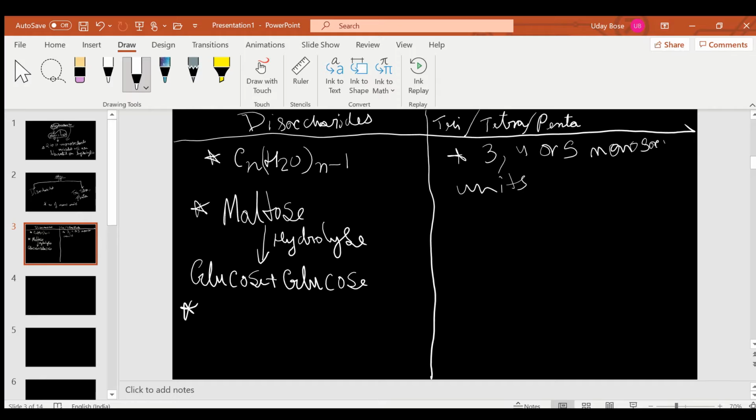Similarly, sucrose is a non-reducing sugar. If I hydrolyze sucrose, I will get 1 molecule of glucose and 1 molecule of fructose.